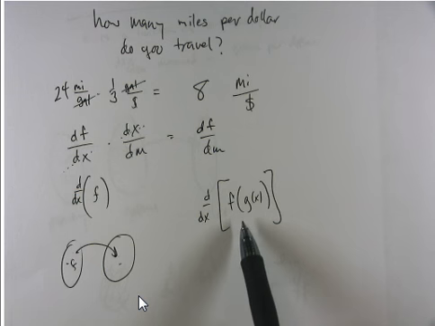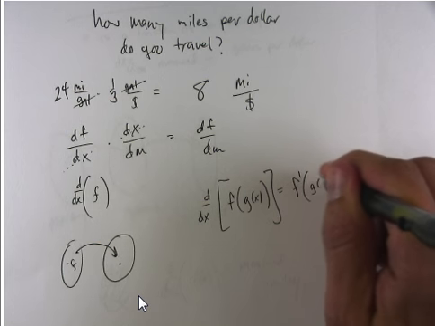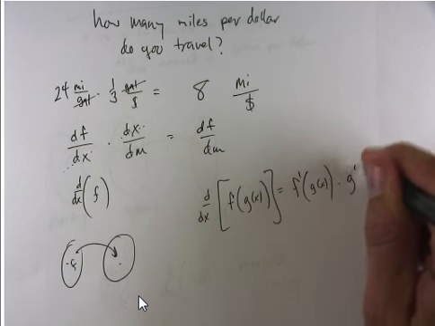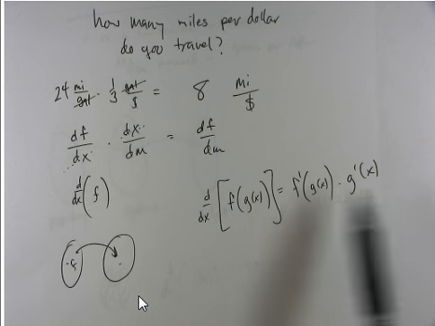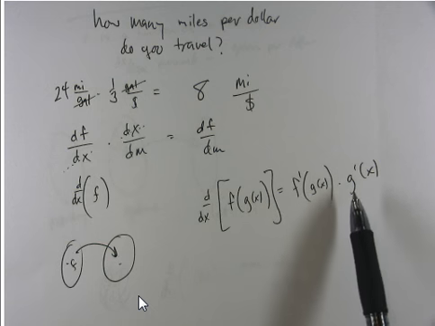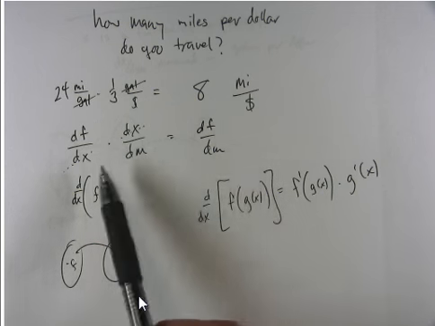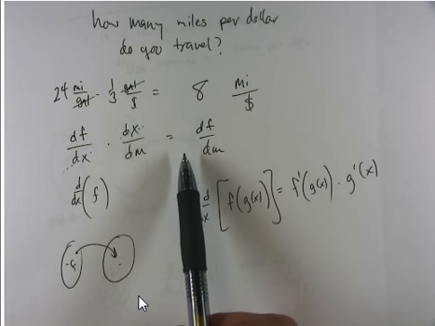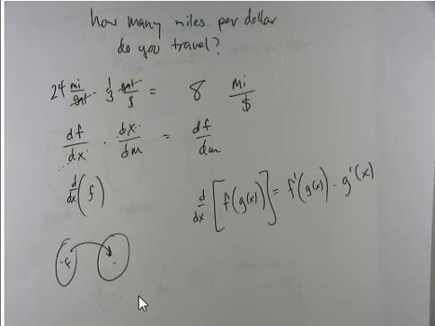The derivative of f of g of x is f prime of g of x times g prime of x. Understanding where this is coming from is a little bit more abstract in that notation. So for those of you that have hated the Leibniz notation, here's a reason why you might be fond of it. So this holds true in general.